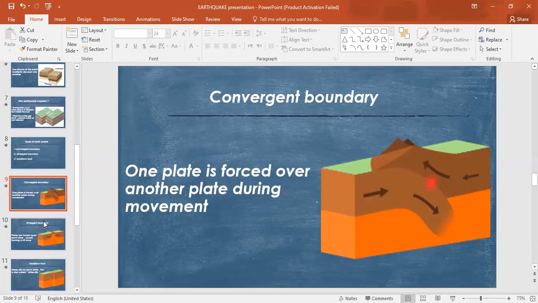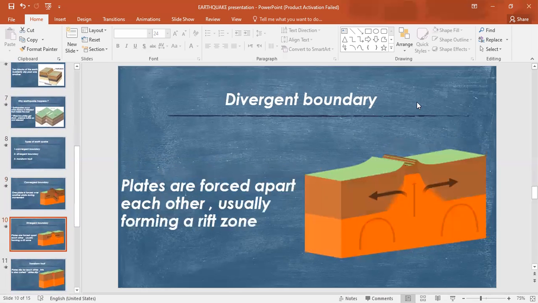Let's go to the second one, the divergent boundary type. It happens when plates are forced apart from each other, usually forming something called a rift zone. As we can see here in the photo, one plate goes in one direction and the other plate goes in the opposite direction, creating the rift zone between the plates, which finally causes the divergent boundary type of earthquake.